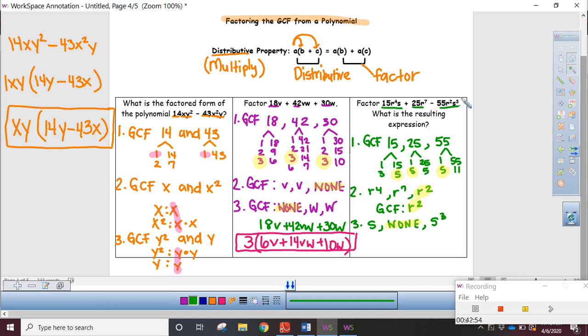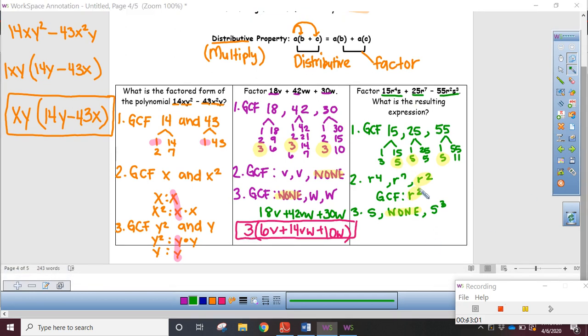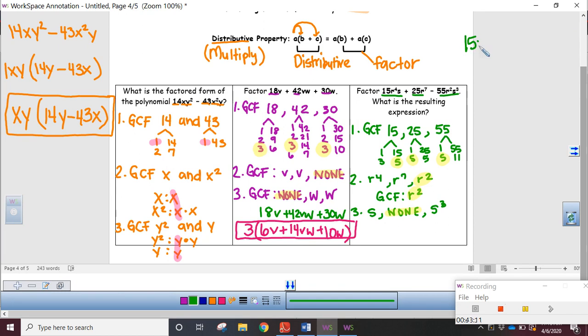And so I'm going to rewrite this, and then we'll factor out the 5 and the r squared. I'll write it off to the side so we have some more room. So we have 15 r to the 4th s plus 25 r to the 7th minus 55 r squared s cubed. Perfect.